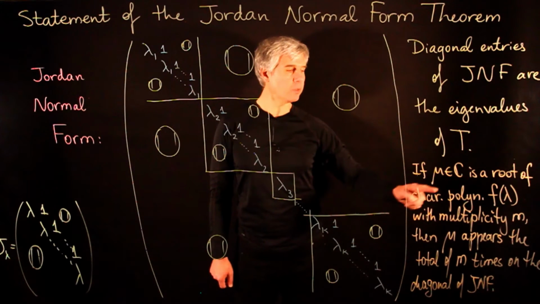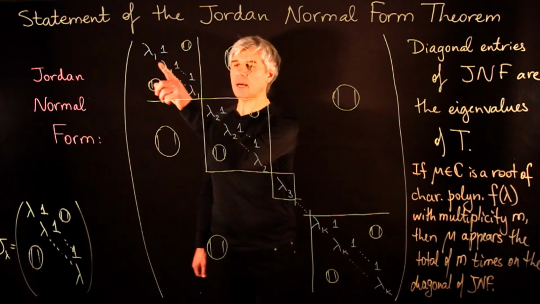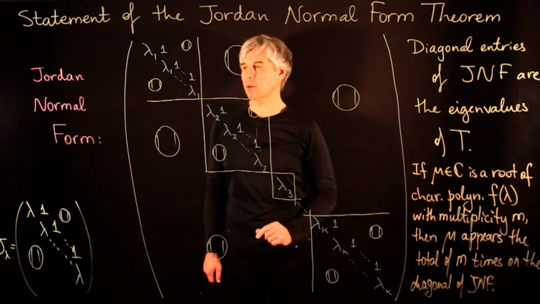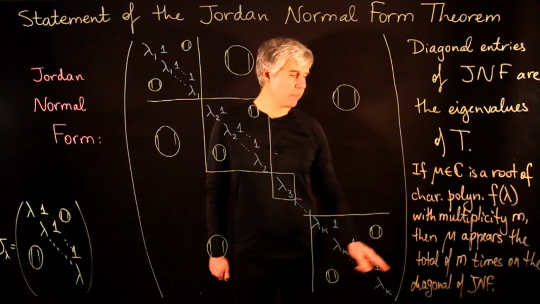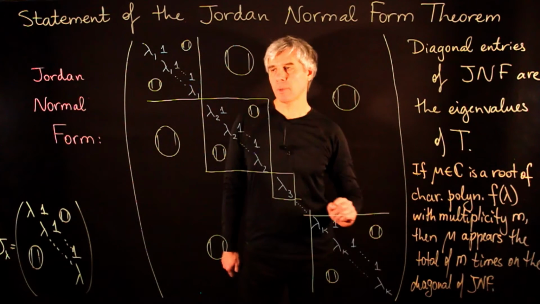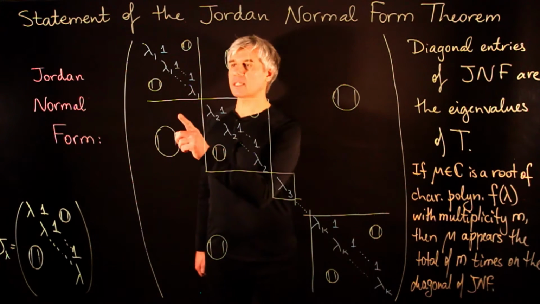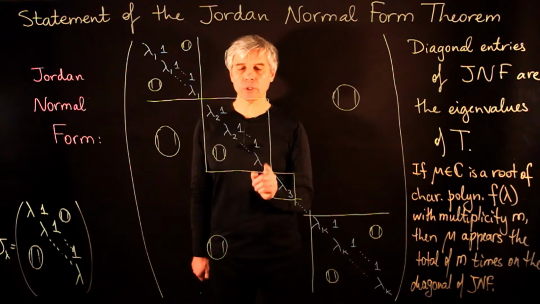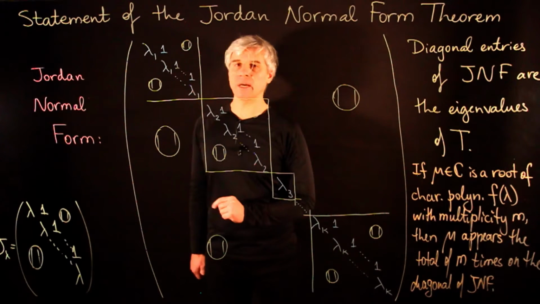So the characteristic polynomial tells us which lambdas appear on the diagonal of the Jordan normal form, and the multiplicity of each root mu in the characteristic polynomial tells us the sum of sizes of Jordan blocks with that particular eigenvalue mu.